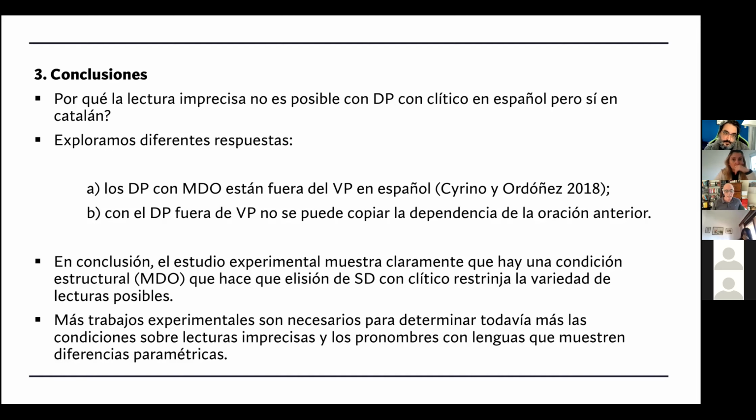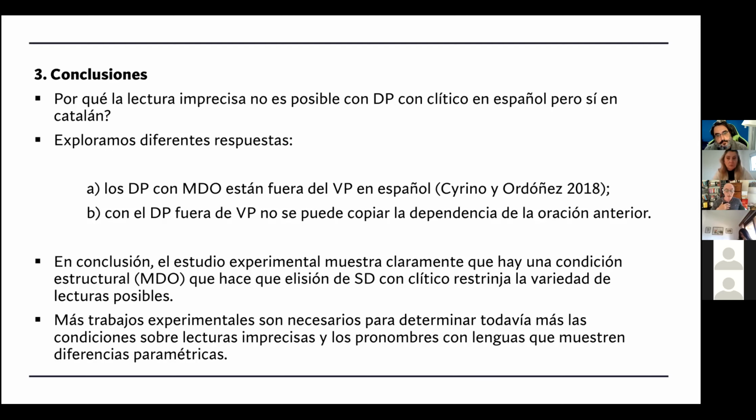En conclusión, el estudio experimental muestra claramente que hay una condición estructural, el marcado diferencial de objeto, que hace que la elisión del sintagma determinante con clítico restrinja la variedad de lecturas posibles. Obviamente, más trabajos experimentales son necesarios para determinar todavía más las condiciones sobre lecturas imprecisas y los pronombres en lenguas que muestren esto.